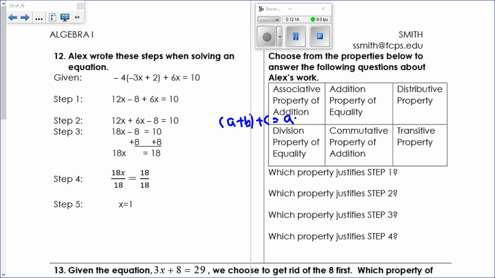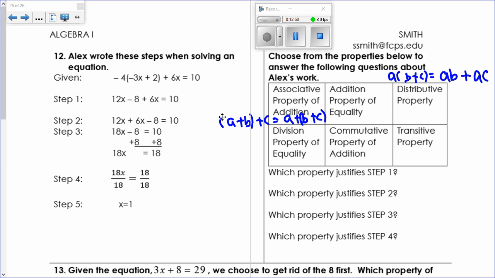So you kind of slide parentheses to create a situation of association. Now, the addition property of equality is where you add something on both sides of an equation of the equal sign. Distributive property is where you have the situation where you're multiplying times the added quantity, and you multiply this factor outside, a, twice, first by b and then by c to create ab plus ac.